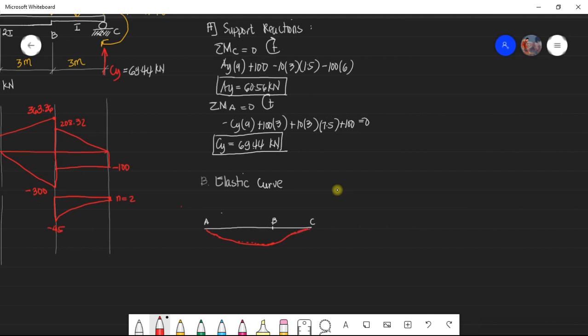Yung kulay red ang elastic curve. So, ito yung hinahanap natin. This is the deflection. From the neutral axis, yung line na white is yung elastic natin. That's neutral axis. So, ito yung theta or deflection sa B.